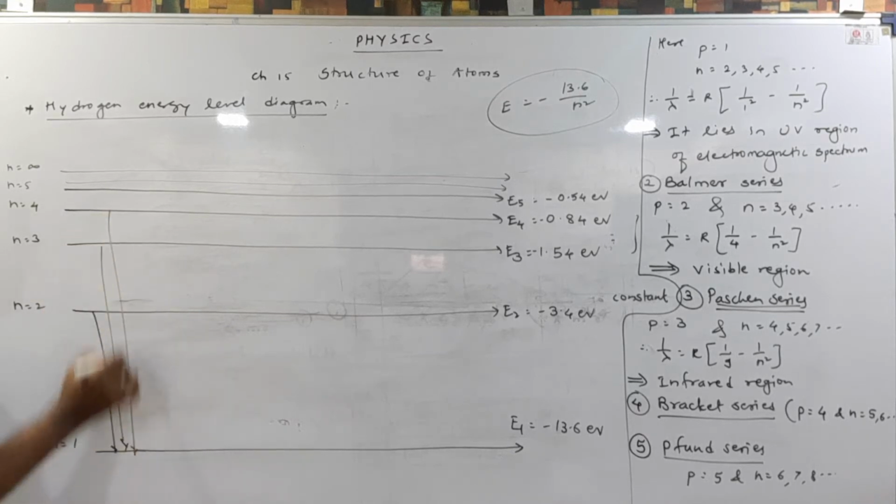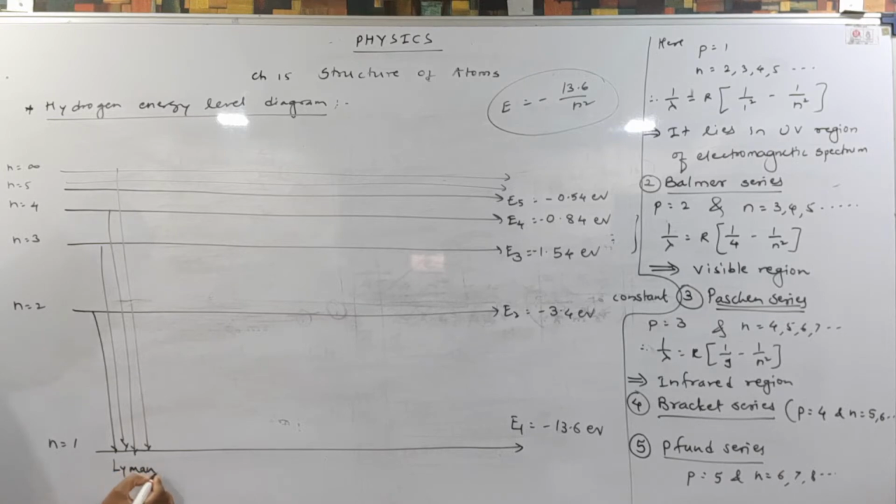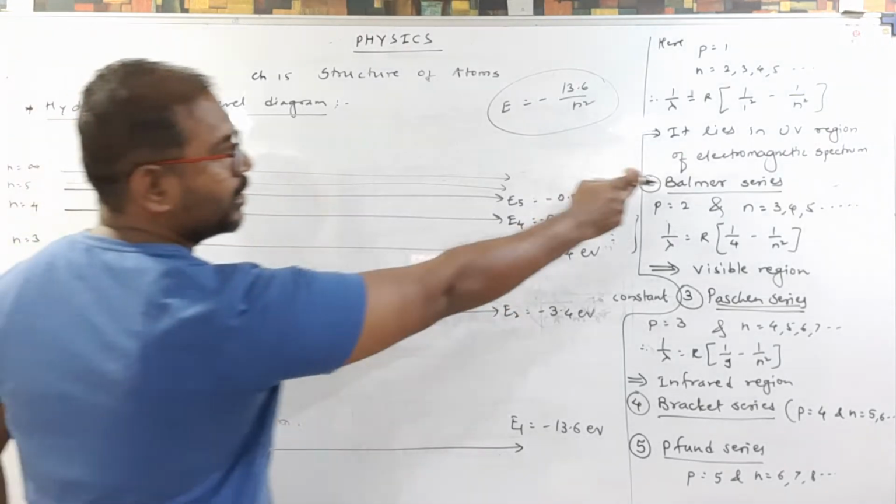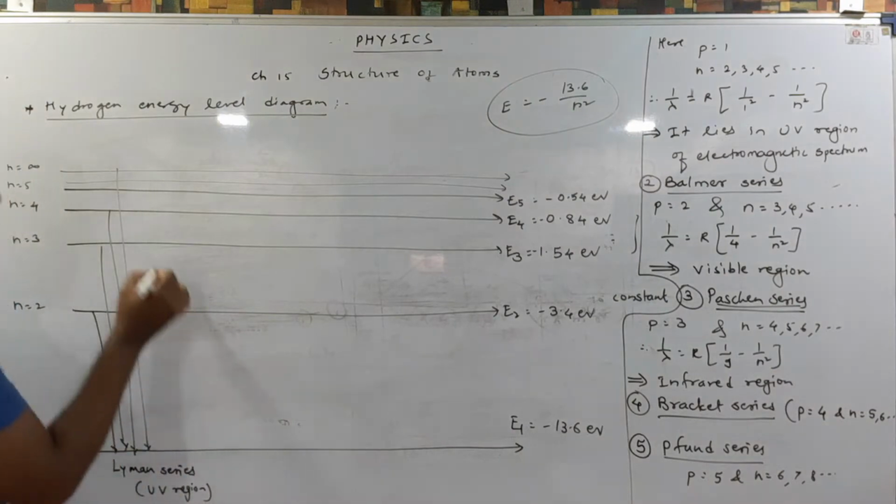Now when an electron jumps from the second orbit to the first orbit, third orbit to first orbit, fourth orbit to first orbit, infinity to first orbit, this is the Lyman series, and it lies in the UV region. The second one, you know, is the Balmer series.